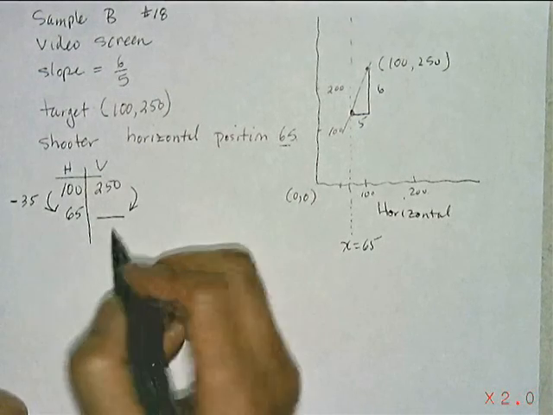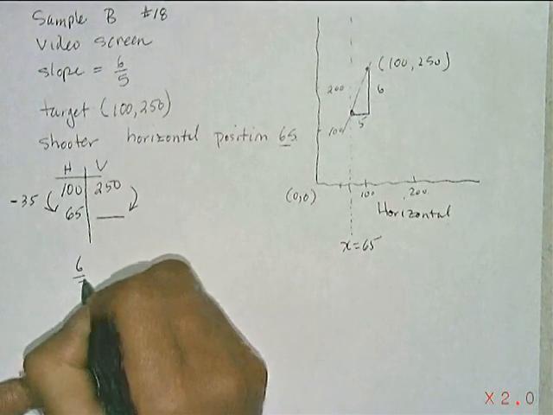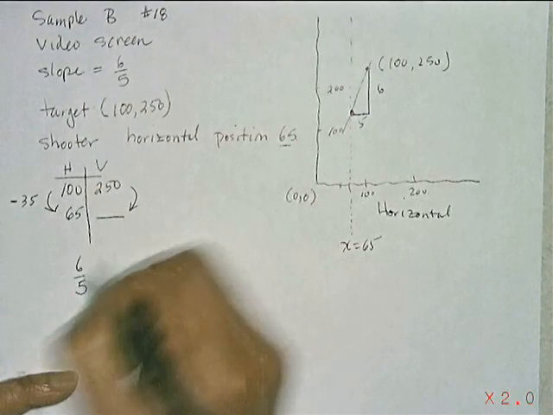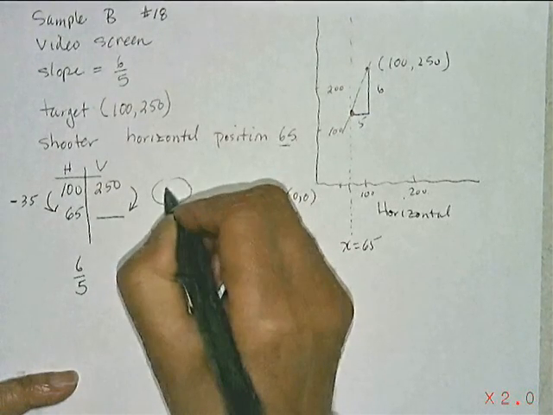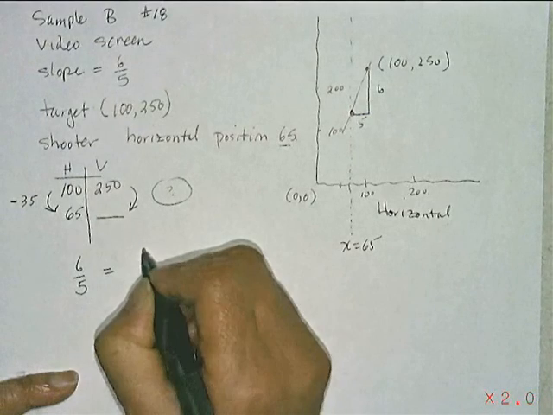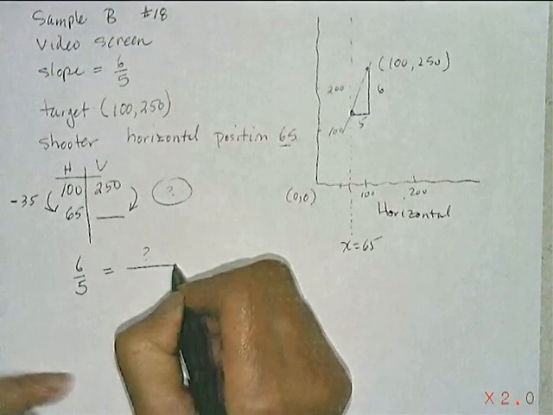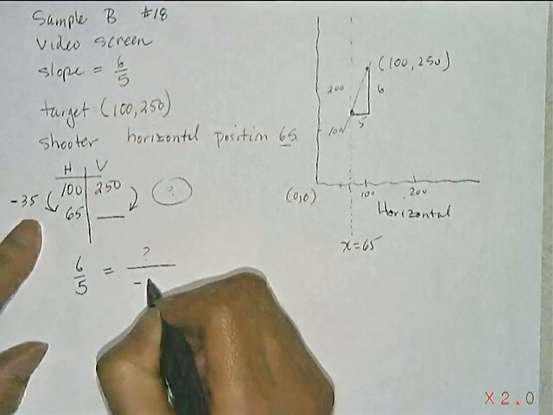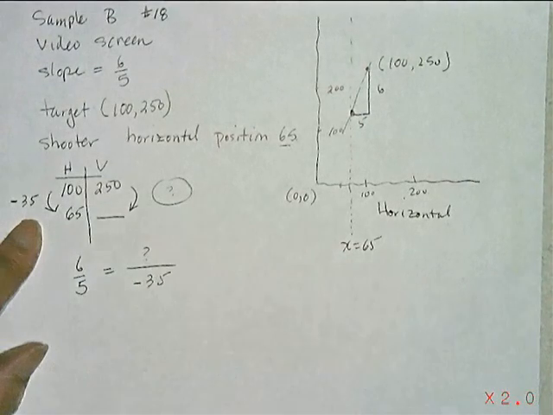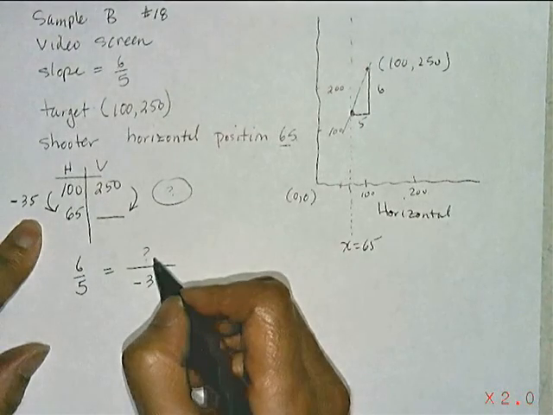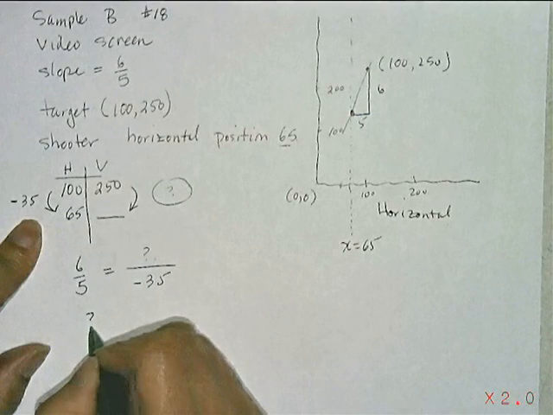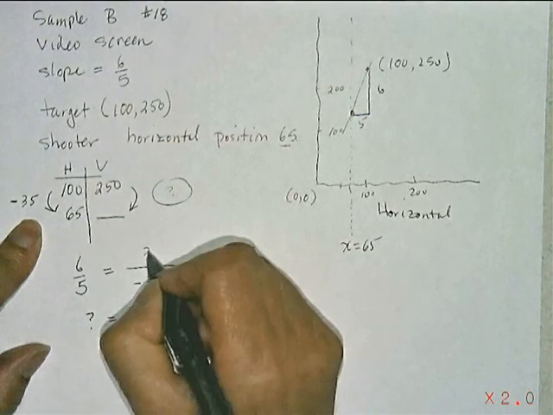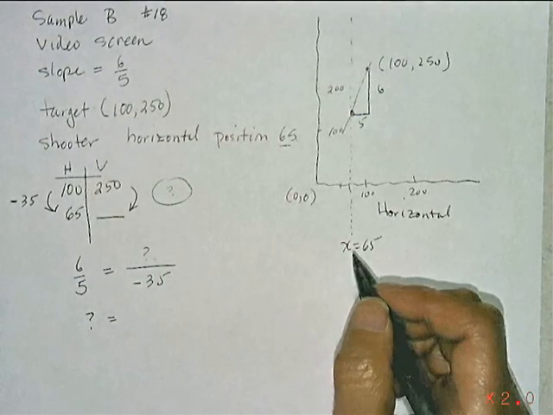The slope is going to be 6/5, which is the rise over the run. I don't know what this number is. That's the rise. So what is that rise going to be if my run is going to be negative 35? Okay, so my question mark, it's not the y value, it's called the rise, remember?